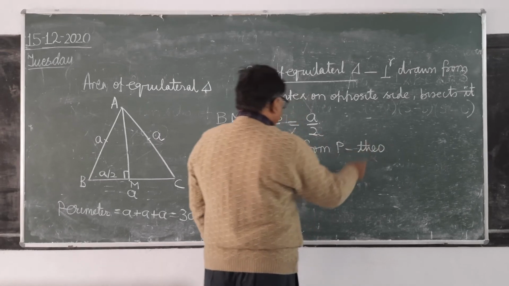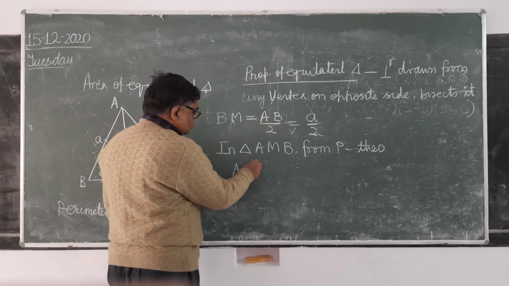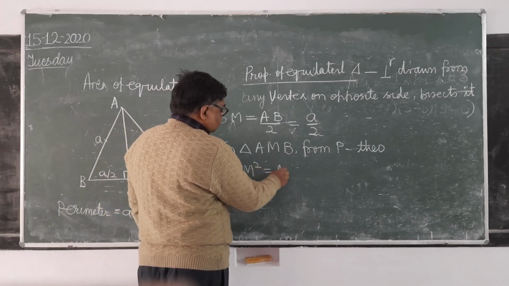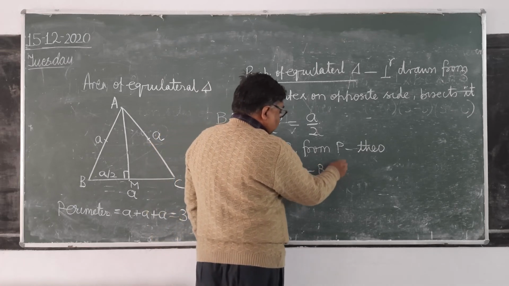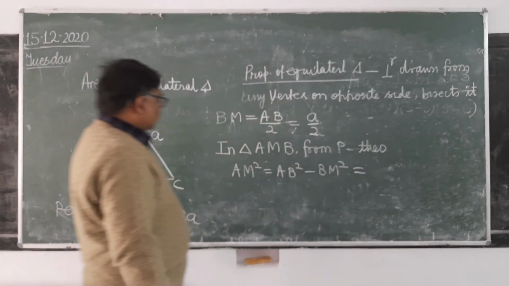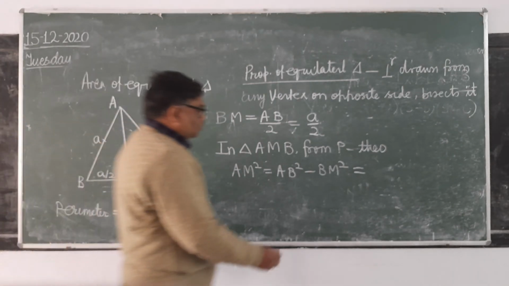So in triangle AMB, from Pythagoras theorem, AM square equals AB square minus BM square. AB is of length A and BM is of length A by 2.